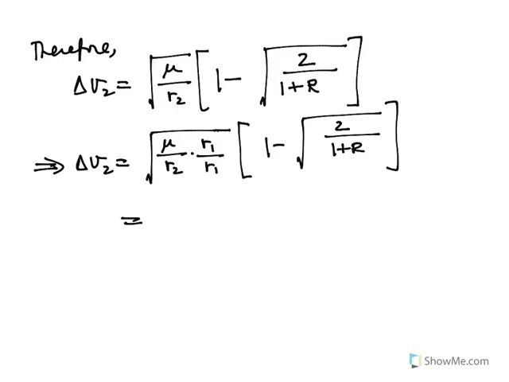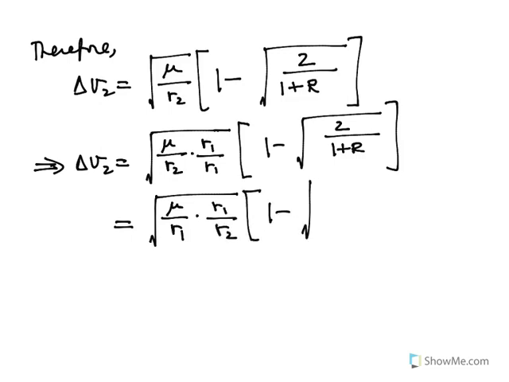Now what I can do is rearrange the factor outside the brackets, and I get the following: mu over r1 times r1 over r2, and then 1 minus the square root of 2 over 1 plus r.